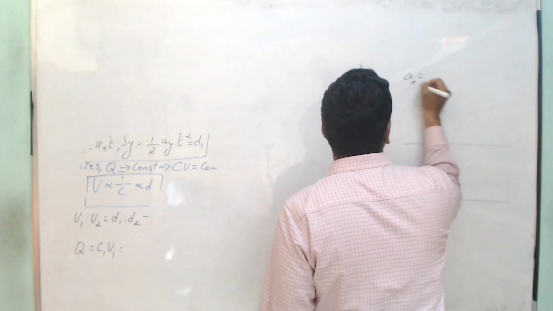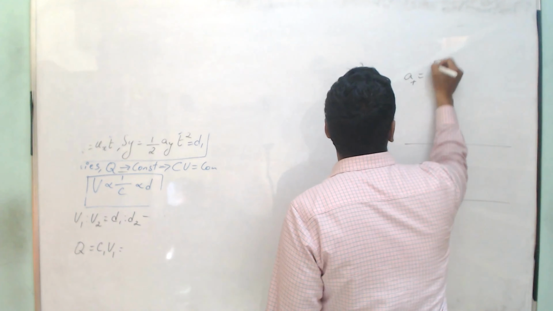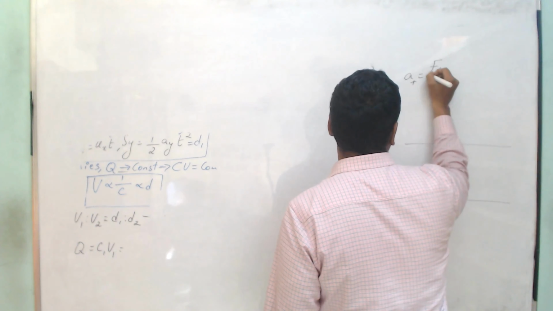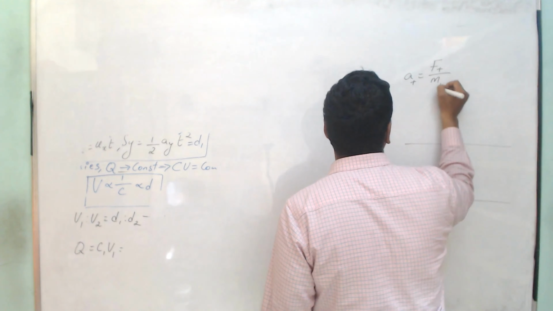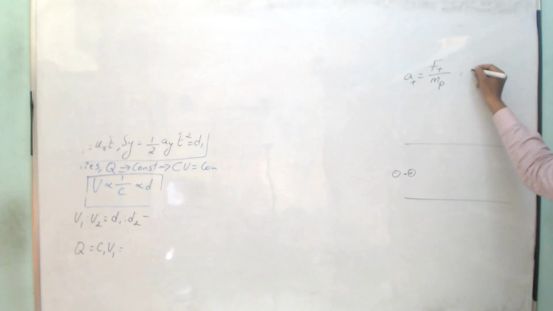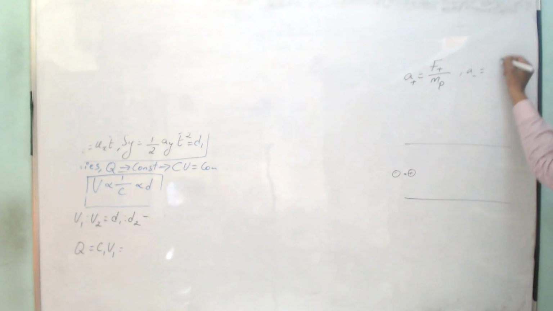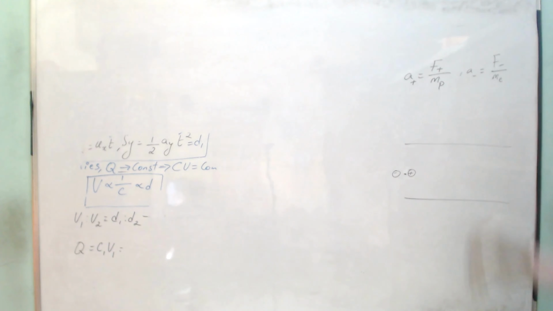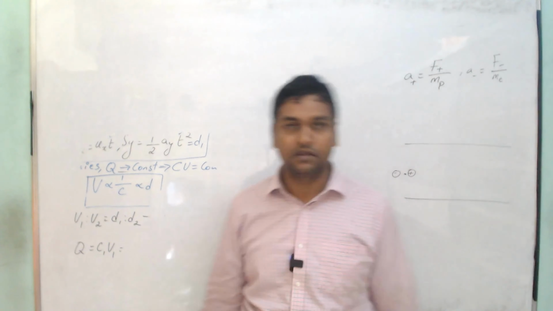The acceleration of the positive fellow is whatever is the force on the positive fellow divided by mass of proton. Acceleration on the negative fellow is force on the negative fellow divided by mass of electron. Correct? So I still don't know what I am talking.